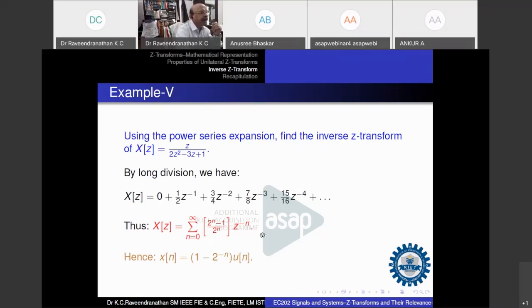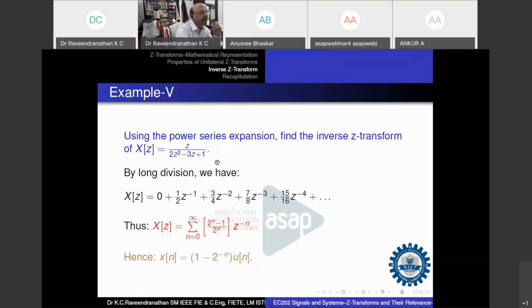And if you do that, removing this z raised to minus n, whatever remains is the signal part. So if you divide 2 raised to n minus 1 by 2 raised to n, you get 1 minus 2 raised to minus n, and you add u of n, the unit step, to show that it is a right-sided sequence.